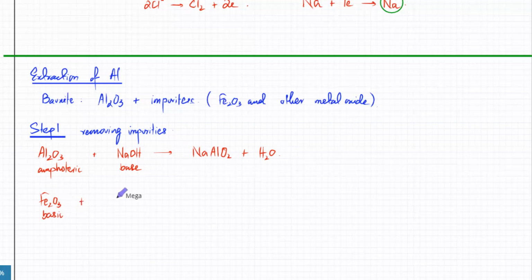So if they're basic, and NaOH is also a base, a base is not going to react with a base. There's not going to be any reaction, no reaction. So what happens is Al2O3 dissolves in NaOH.